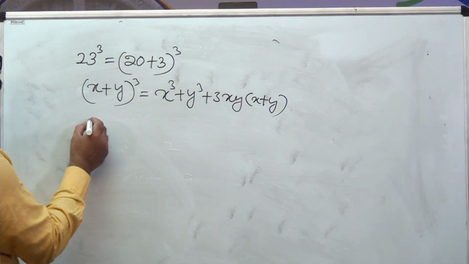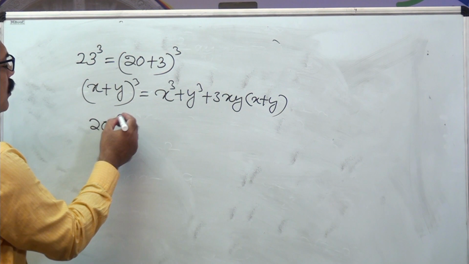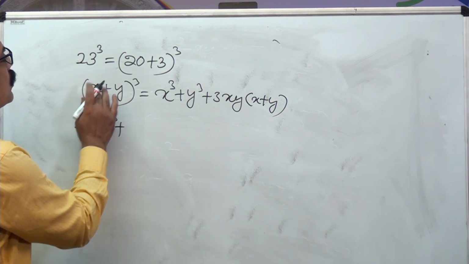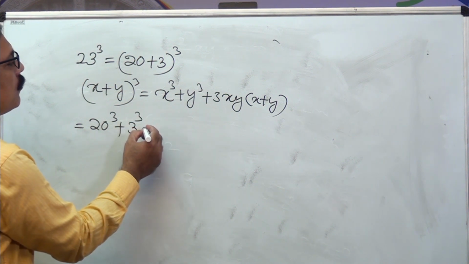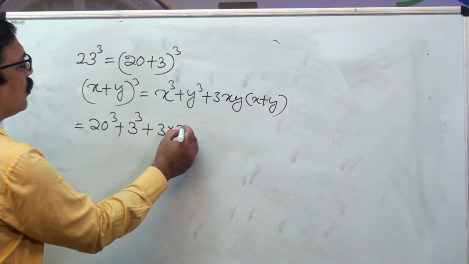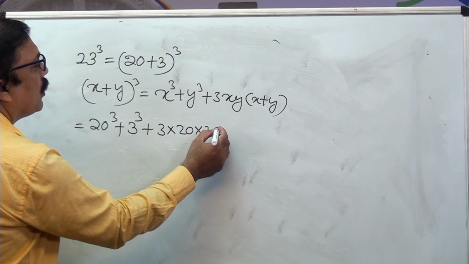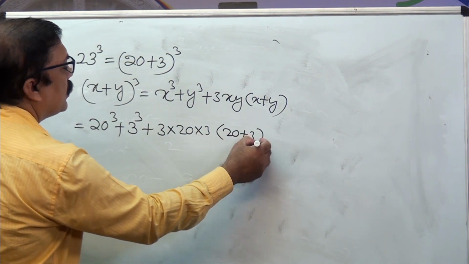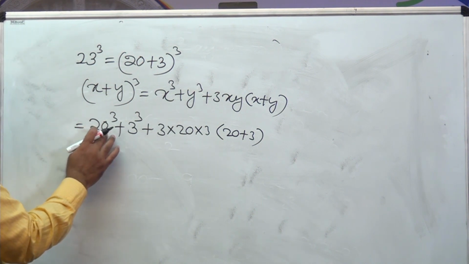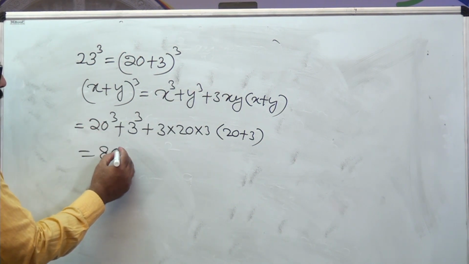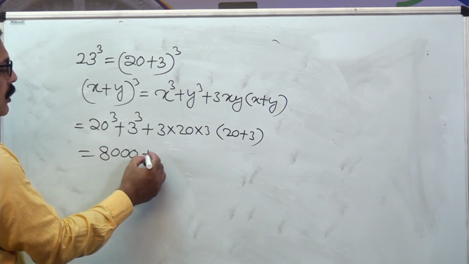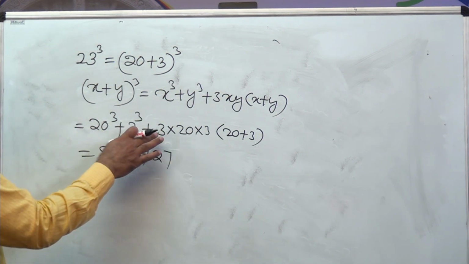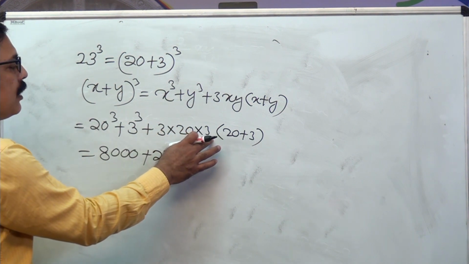So here we have 20 cube plus 3 cube plus 3 into 20 into 3 into 20 plus 3. 20 cube gives 8,000. 3 cube gives 27. Now this is 3 into 3, 9.